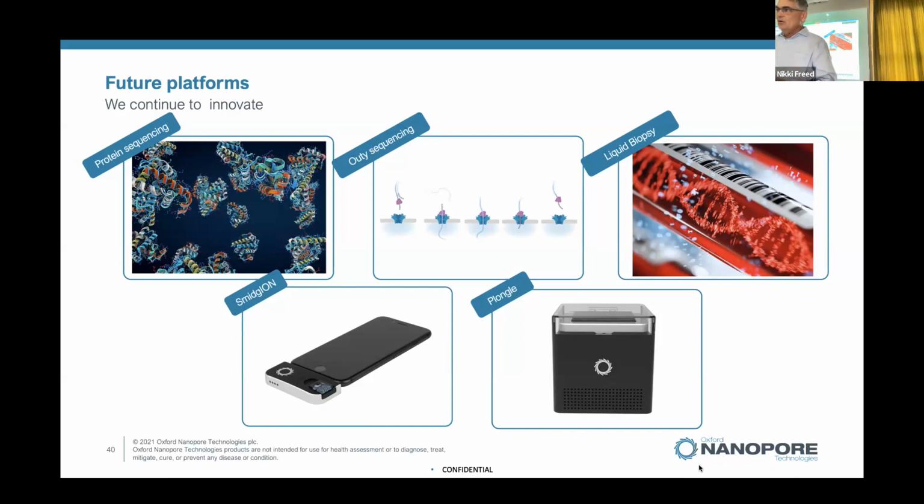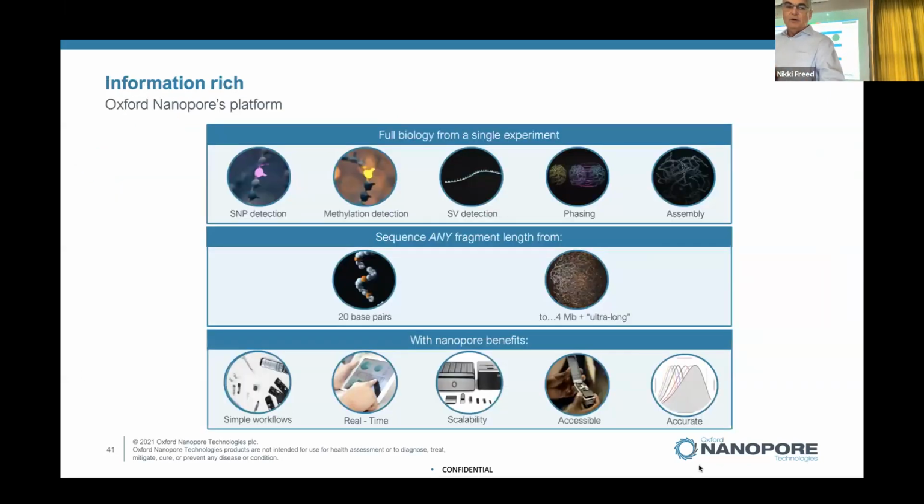Liquid biopsy, we're working with Cyclomics, and by the end of the year, we will have a validated assay workflow for looking at targeted mutations in blood samples. Smidgion and Flongle are going to be closer to release because we've got a new ASIC that's smaller than the size of your pinky fingernail, and that's going to enable these applications to be possible.